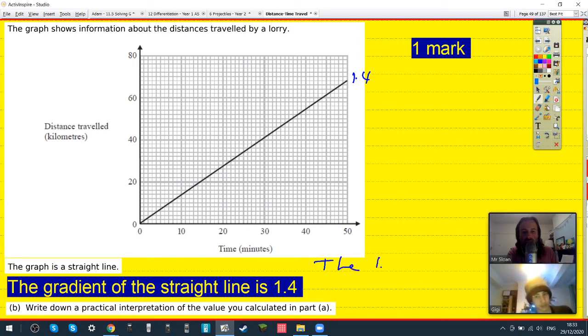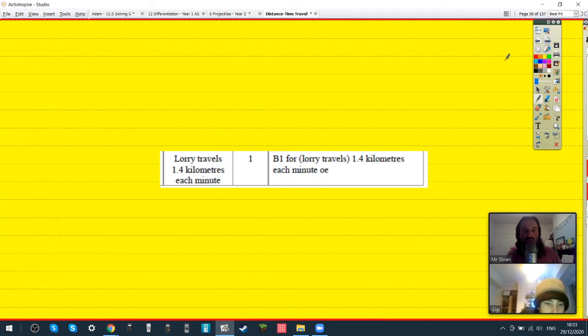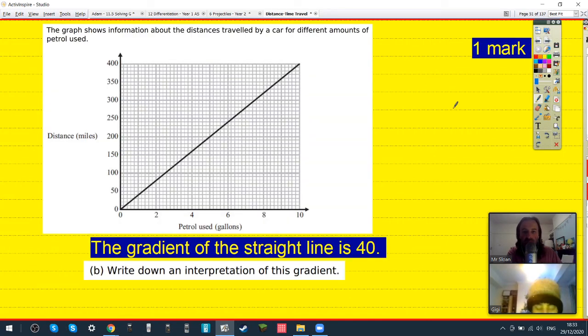Yeah, so the lorry's speed is 1.4 kilometers per minute. That's the practical interpretation: if the gradient of this line is 1.4, it means the lorry travels 1.4 kilometers each minute.